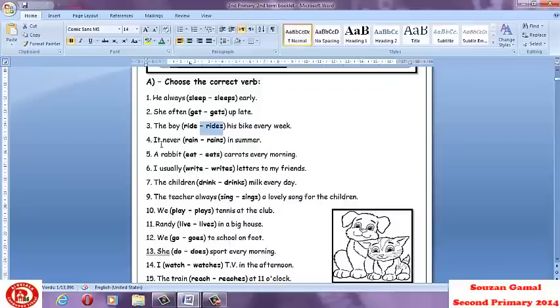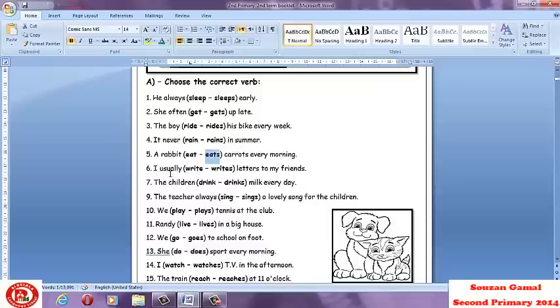Now, number 4. It never rains in summer. It. So you have to have what? S or es. So you will say rain or rains. Rains in summer. Number 5. A rabbit eats carrots every morning.